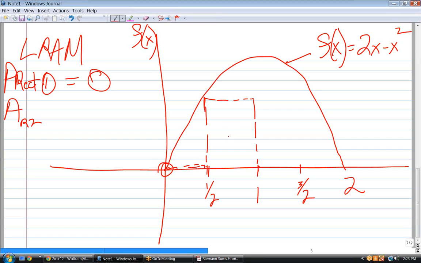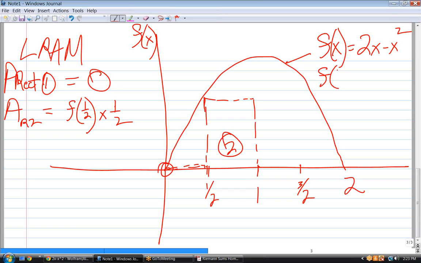What about rectangle number 2? What is the area of that? Rectangle number 2 hits the function at 1/2, so we go 2x, so that's 1 plus 1/2 squared is 2.25. Oh no, it's minus, not plus. Oopsie.